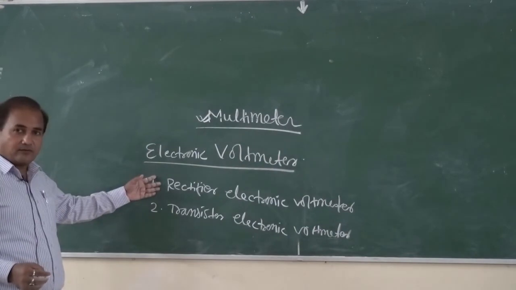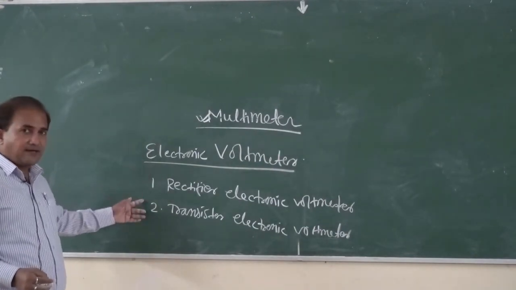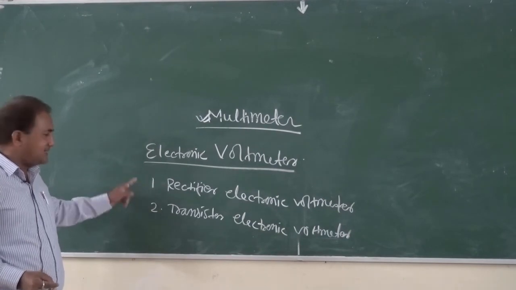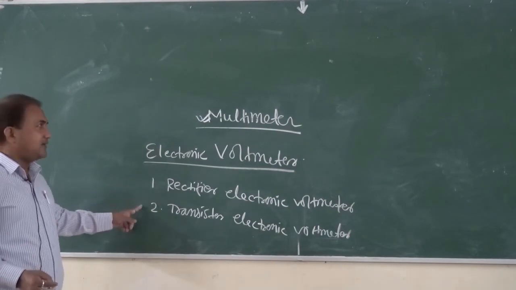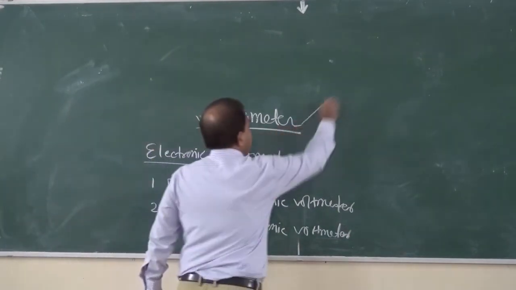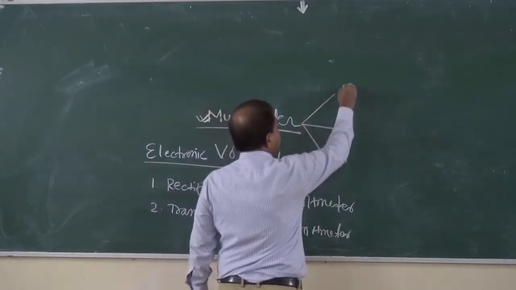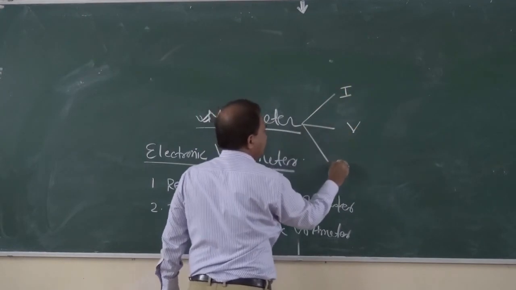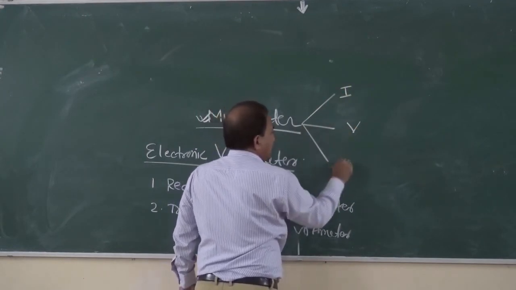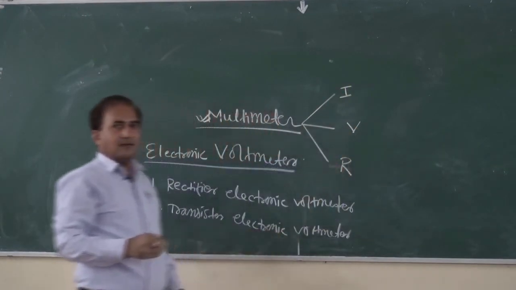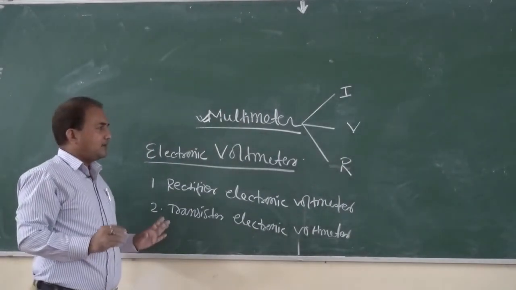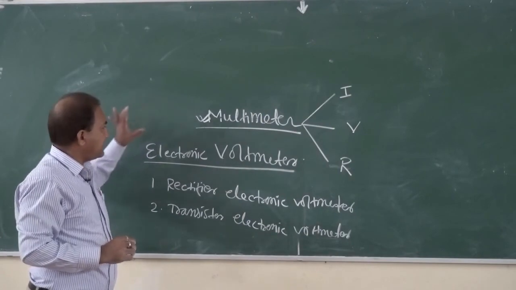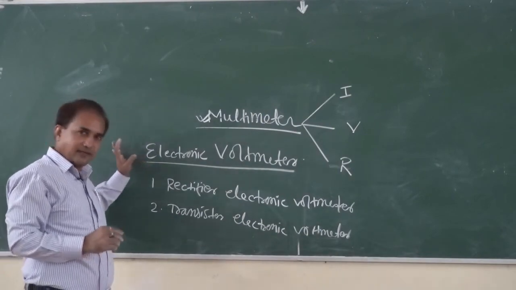We have studied the rectifier electronic voltmeter and the transistor electronic voltmeter. This is used for the measurement of AC voltage, this is used for the measurement of DC voltage. And the multimeter can be used for the measurement of current I, for the measurement of voltage V, and for the measurement of resistance R. Okay, so we have seen these two instruments, the multimeter and the electronic voltmeter.